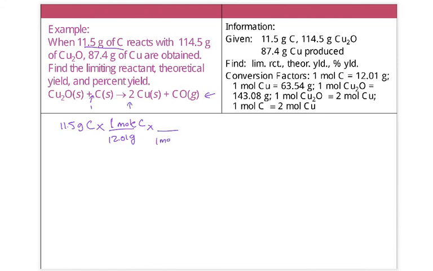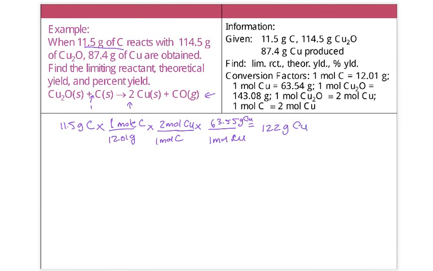Now, we want to see how many grams, right? So for every 1 mole of copper, we know there's 63.55 grams of copper. And this gives us 122 grams of copper.